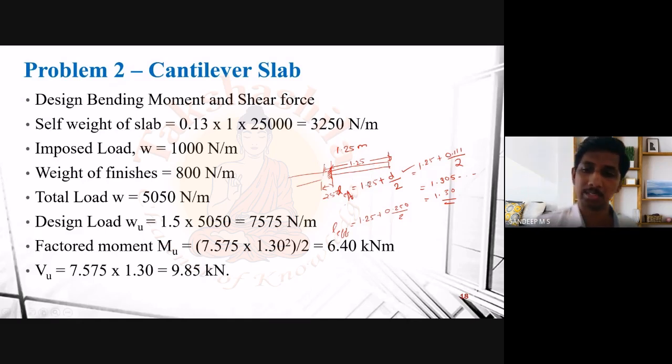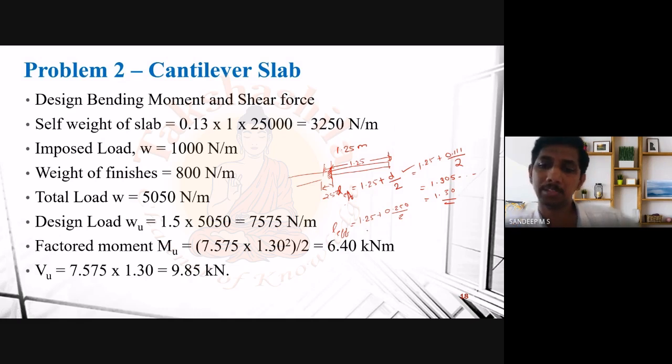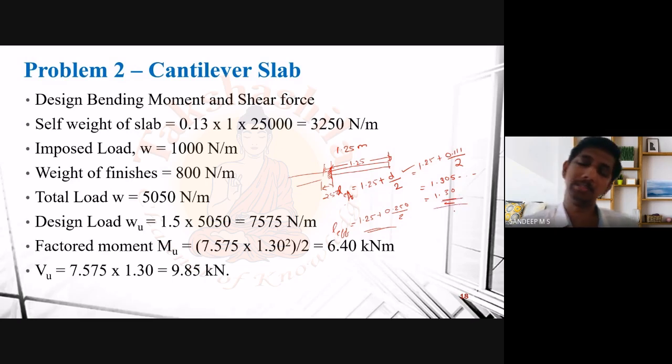That is what the code is suggesting. But in our problem we are considering it as an independent cantilever, so our L effective will be 1.30 as shown here.